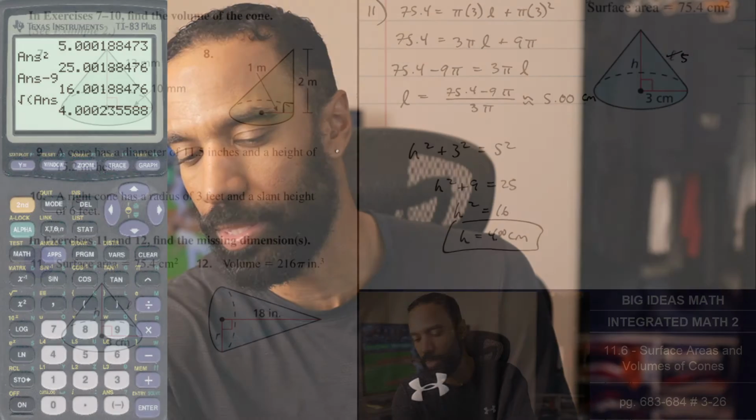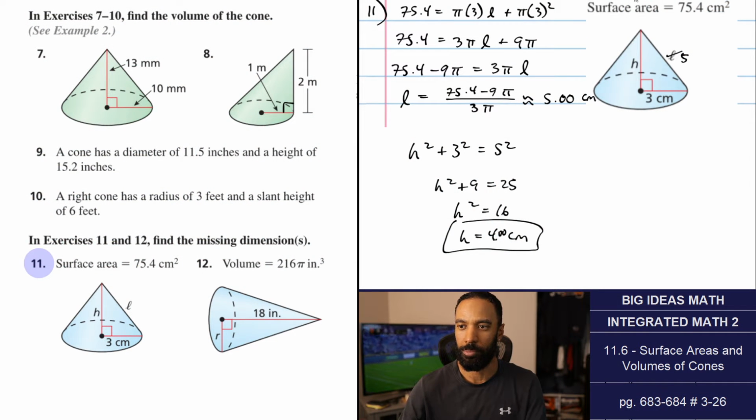I'll square the 5, subtract the 9 from there, and then take the square root. 4.000. So it still has that rounding to it that works out. Sometimes it depends on what the numbers are. I generally don't like to round early, but they clearly had an intention with this problem. So 4.00 centimeters.